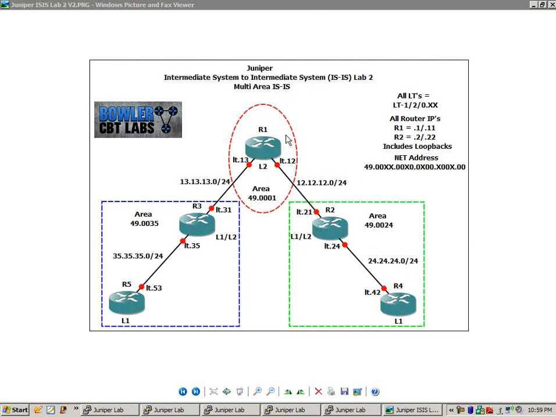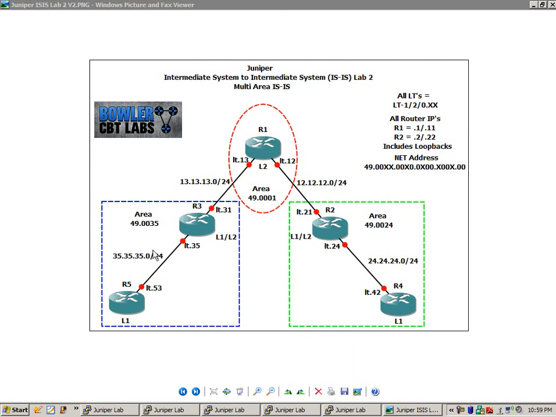And once we have the connections built, we can run pings, we can do traces, we can run routing protocols. In this case we're going to do ISIS, but you can do OSPF, RIP version 2, BGP, MPLS, MPLS VPN. So there's a lot of things you can do with logical systems that allows you to practice within one router if you only have access to one router. So that's what we're going to do in this lab.